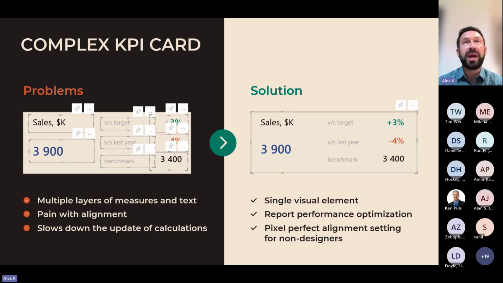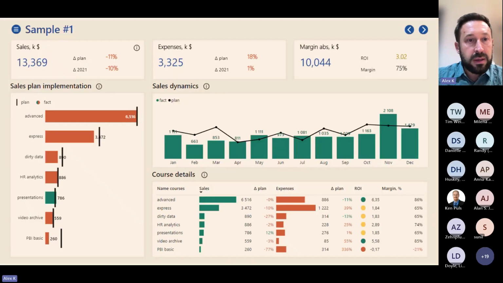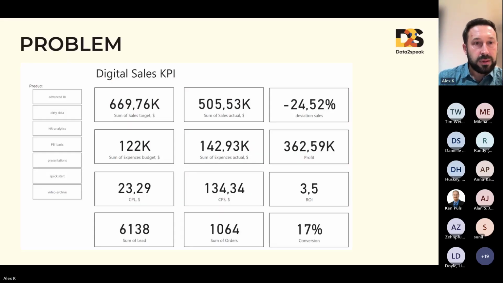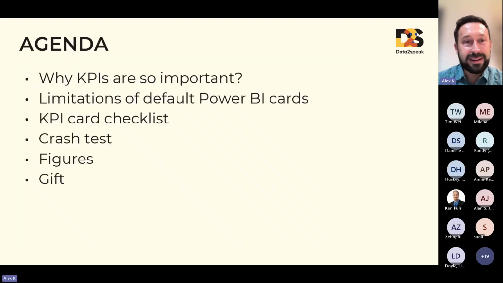Not actually before, but during this process I was researching best practices, and really I developed a checklist. So I wanted to start from my agenda, but really we are inside this process.